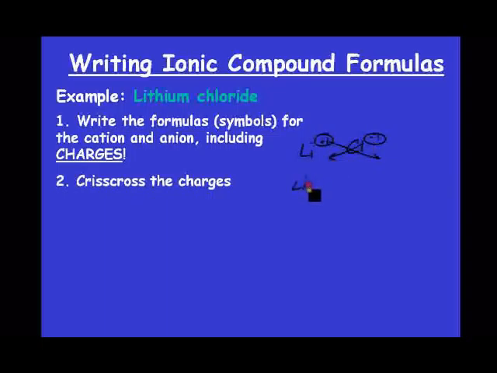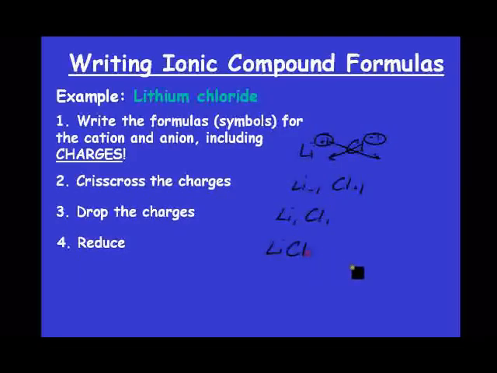So we have Li -1, Cl +1. Step number 3 is to drop the charges. So Li 1, Cl 1. And then finally reduce. So lithium chloride is Li, Cl.